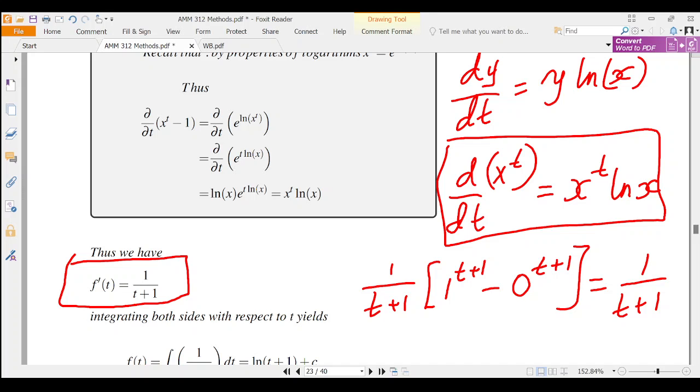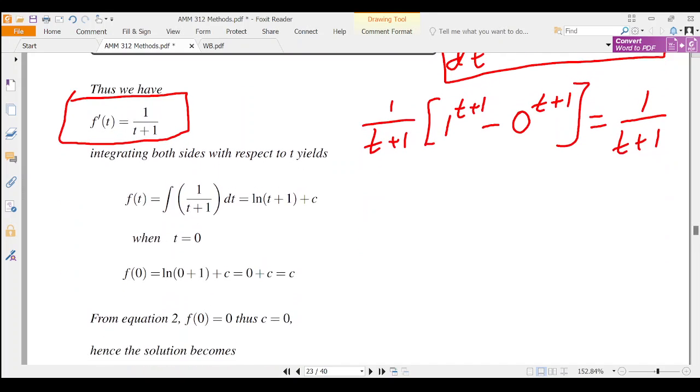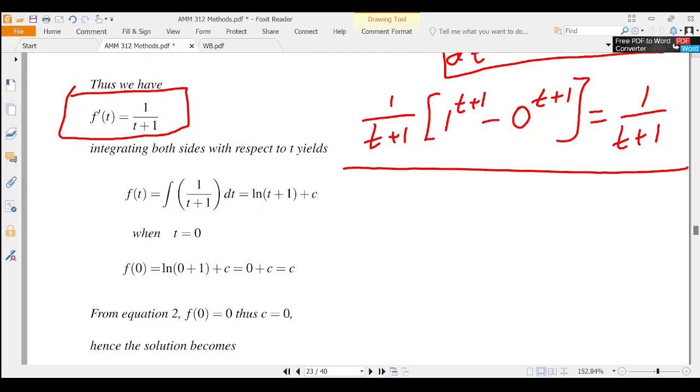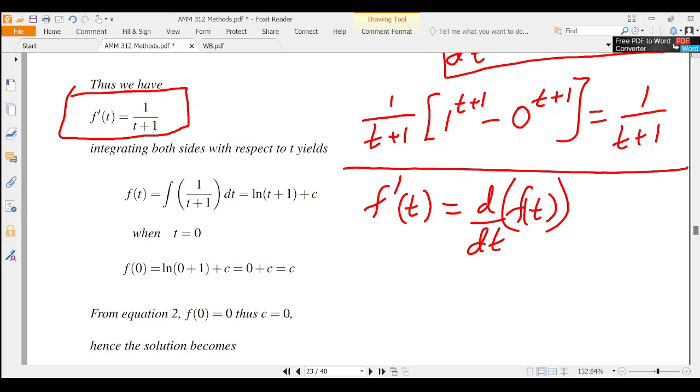Remember, f prime is the derivative. When we write f prime of t, we mean the derivative with respect to t of f of t, which we are getting as 1 over t plus 1.